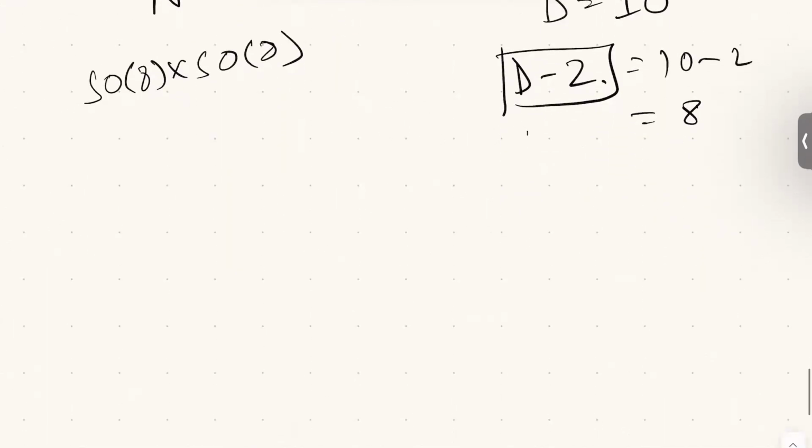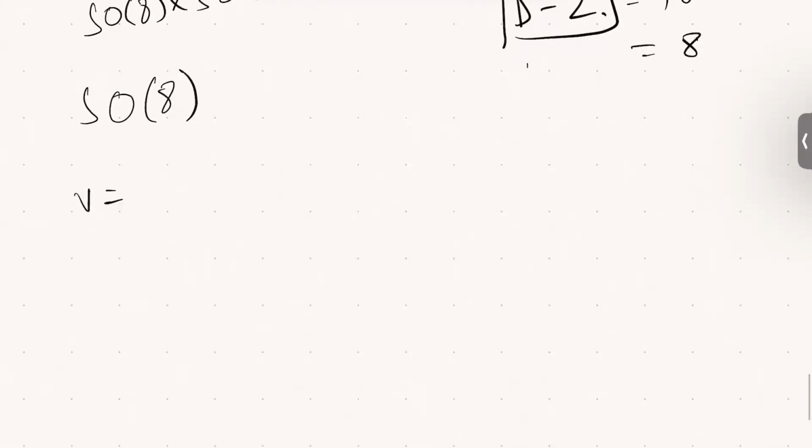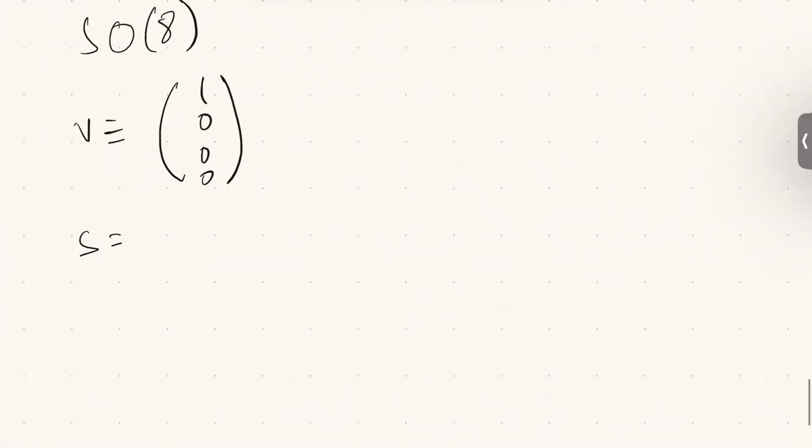Cool. So whenever you have SO(8), the vector representation is given by something like this. I'll be very quick and dirty about it, so sorry about that. And for fermions, you have something like this.